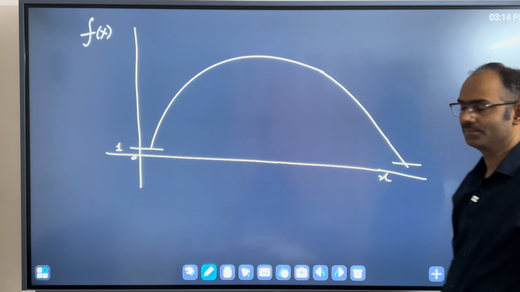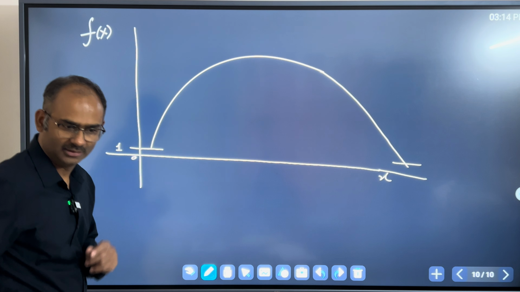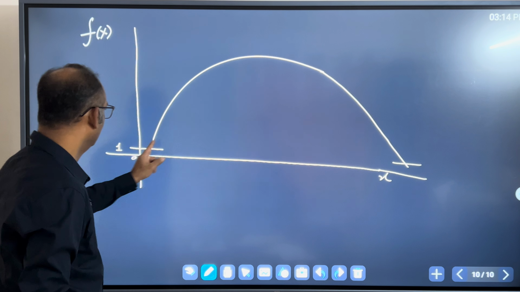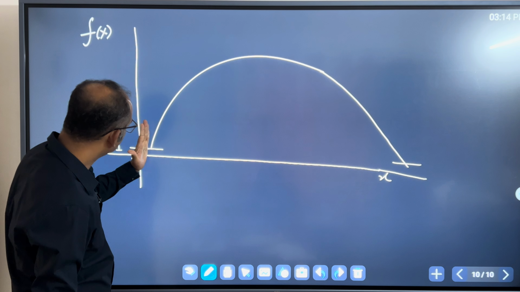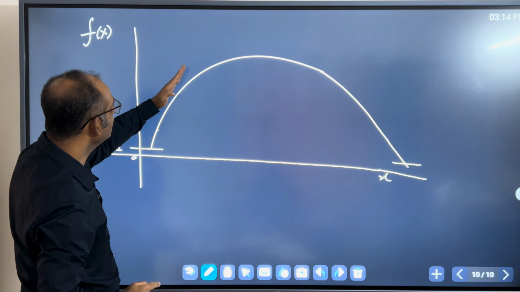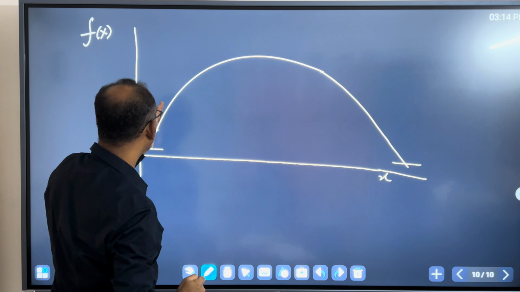Now what's the slope here at this point? Slope is the slope of this line. What's the slope here? Slope of this line, and so forth. Slope of this line. So it keeps decreasing, becomes 0, then starts becoming negative.